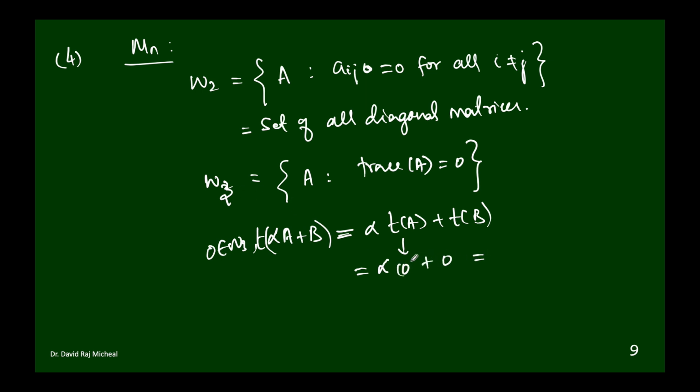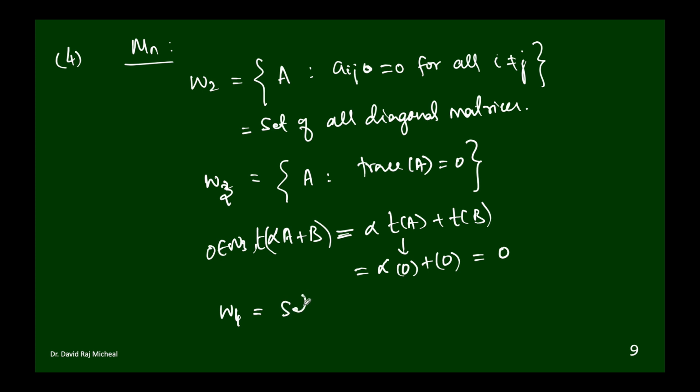Therefore α times 0 plus 0 is equal to 0, which means trace of αA + B must be 0 for any A and B belonging to W3. So that proves that if you collect all the matrices A whose trace is equal to 0, then that is also a subspace.